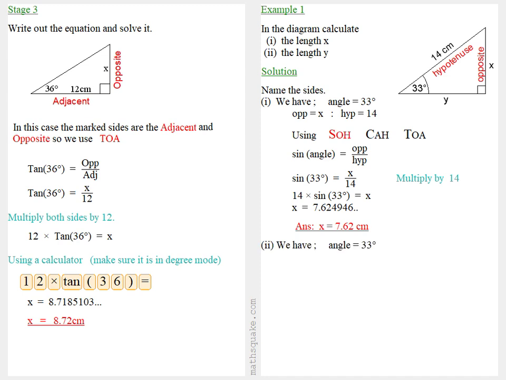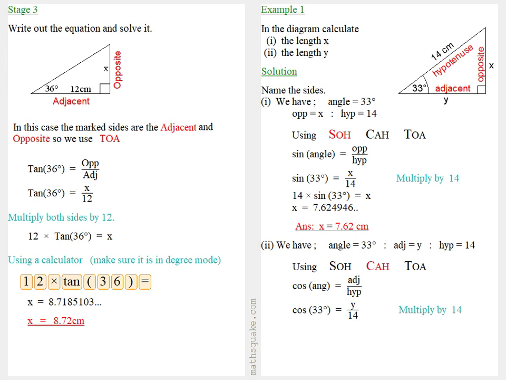Now, for part 2, we have the angle is 33 degrees, we're told the adjacent side, y, and we're told the hypotenuse, 14. So this time we're going to use CA. Cosine is equal to adjacent over hypotenuse. So the cosine of 33 degrees is equal to y over 14.